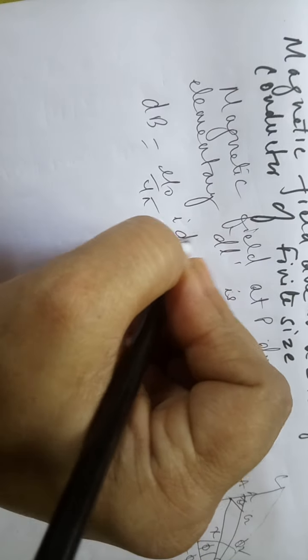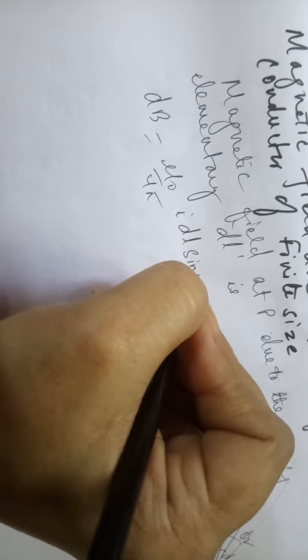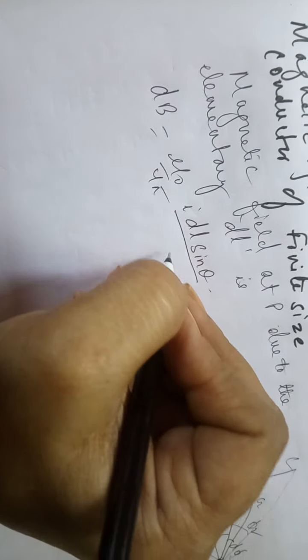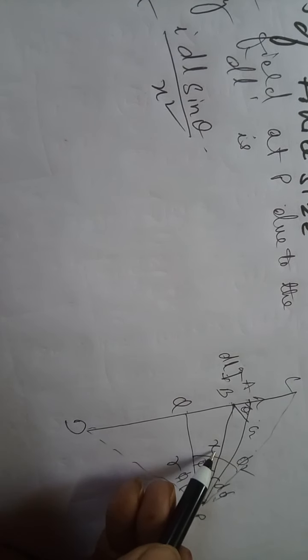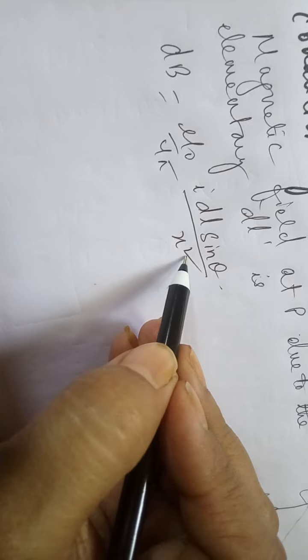I is the current, dl is the elementary length. If you can see the figure, this elementary portion is very small. In the figure you can see it large, but it's very small. So the distance from here to here is x, so we have taken this as x square.